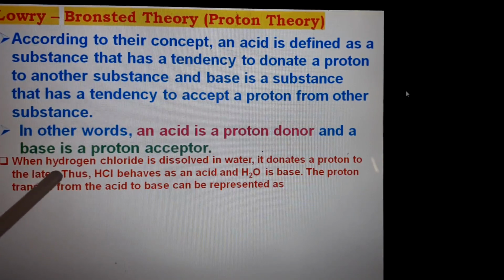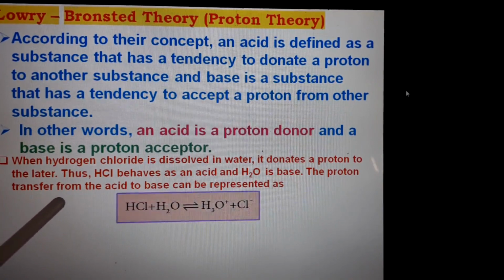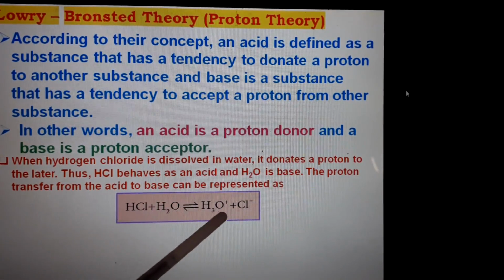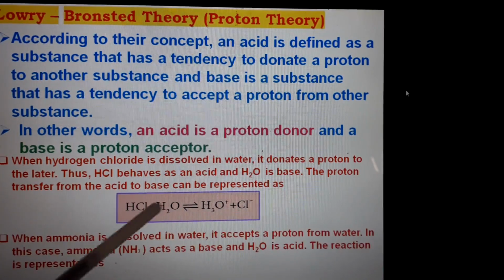The proton transfer from acid to base can be represented as the following diagram: HCl plus H2O gives H3O plus and Cl minus. This is the hydronium ion, a positive ion, and the chloride negative ion.